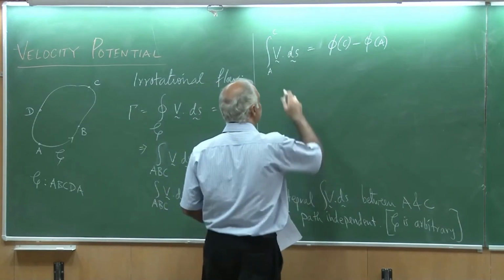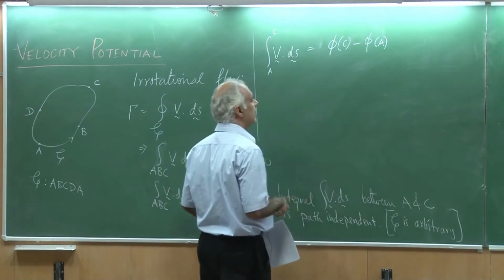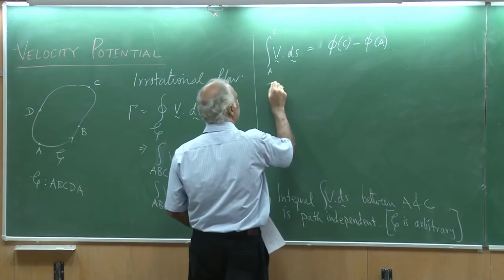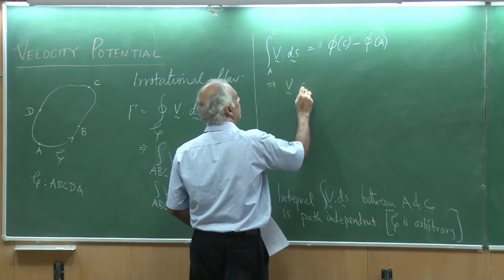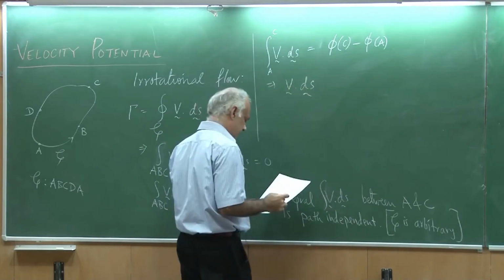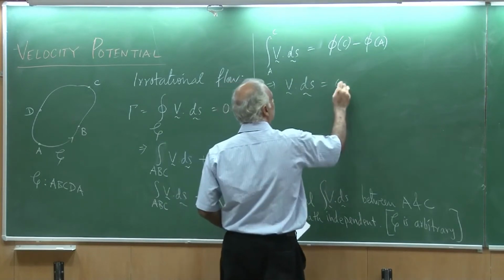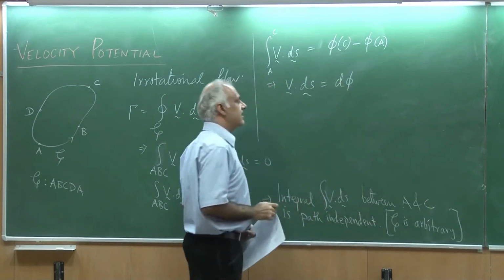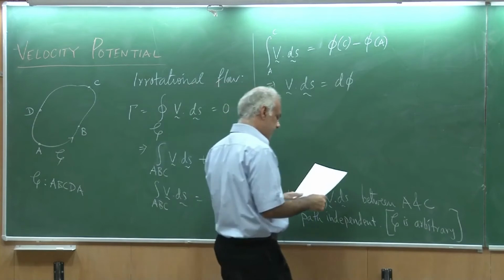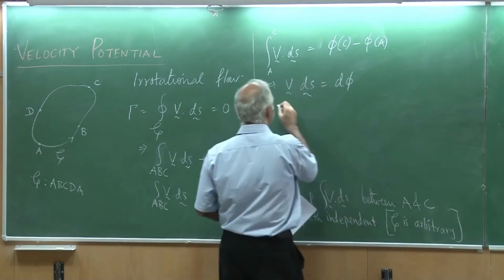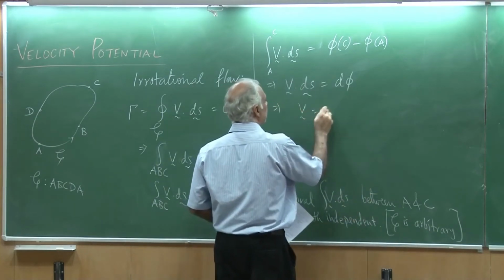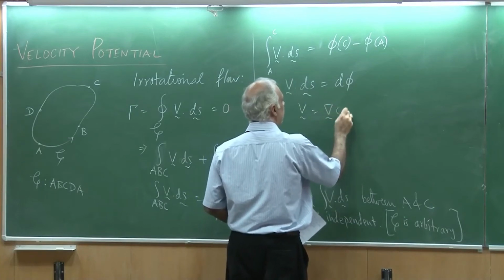And this implies that V dot ds is a total differential, and this must be d phi. And this would imply that V is actually the gradient of phi.